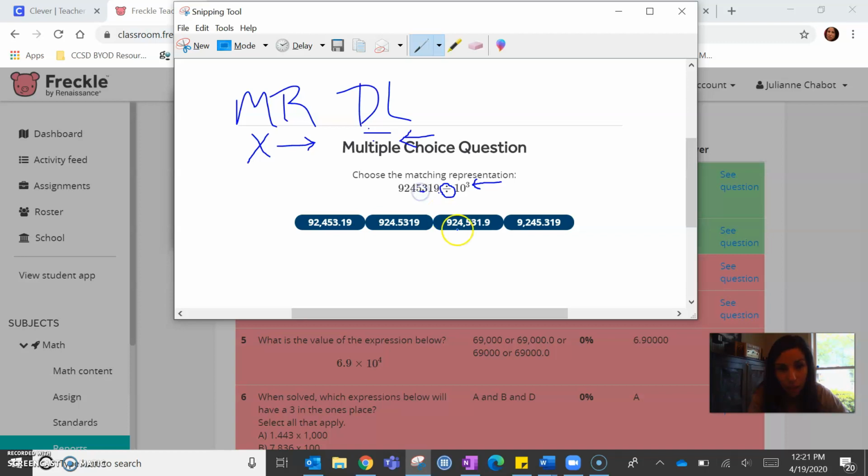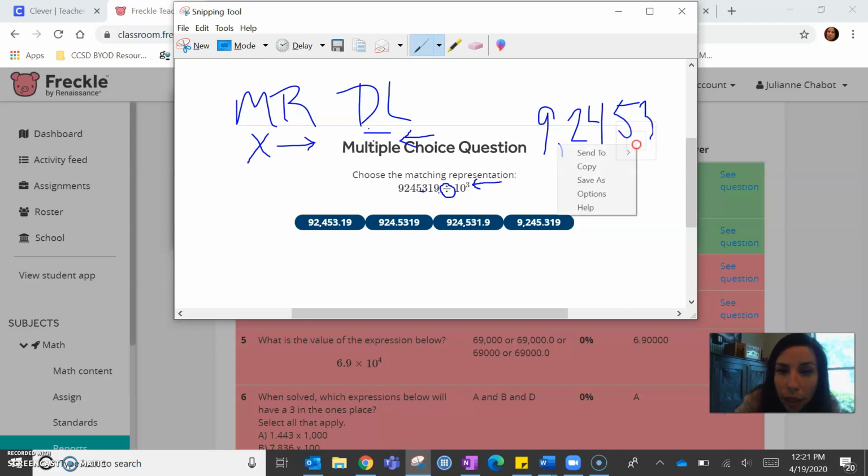Here it is. Okay, so our new number, or our answer, our quotient, is 9,245 and 319 thousandths.